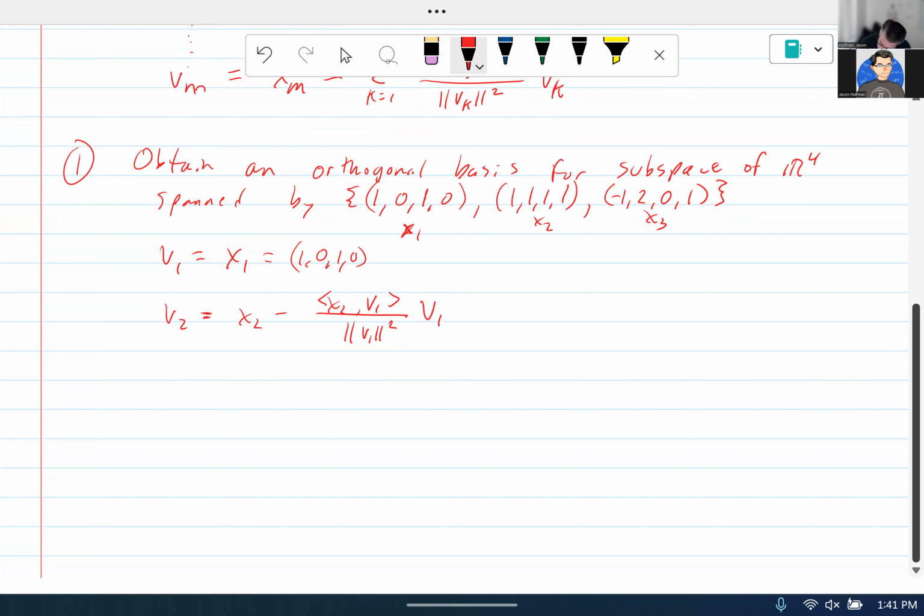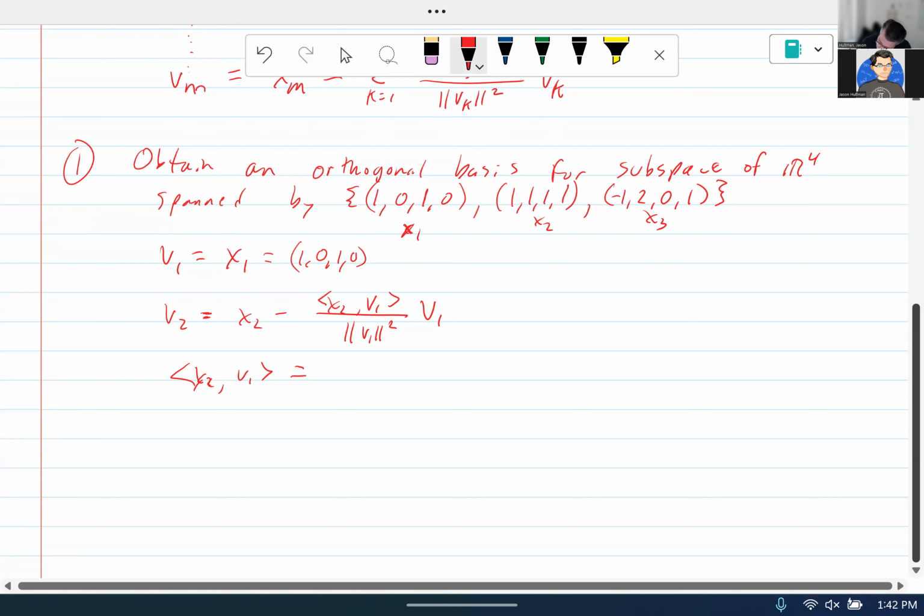So x2 inner product v1 is going to be equal to x2, which is 1, 1, 1, 1, with x1, which is 1, 0, 1, 0.